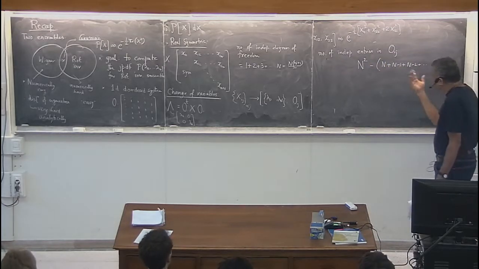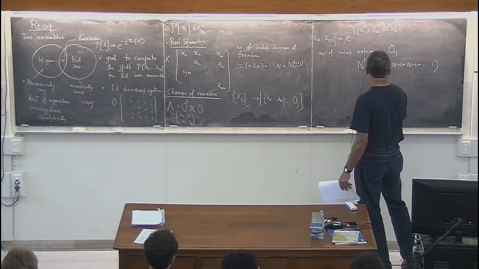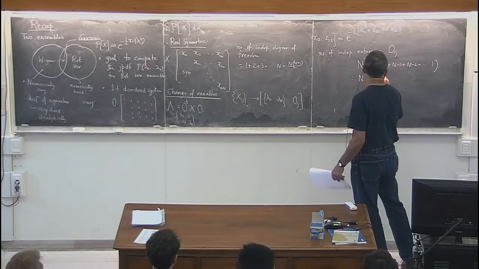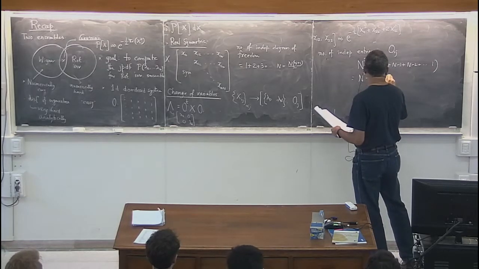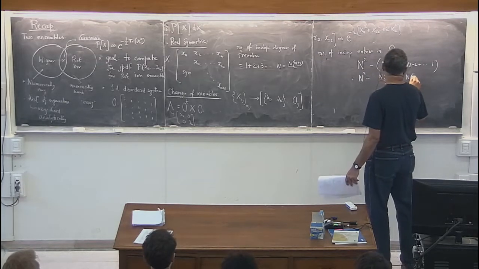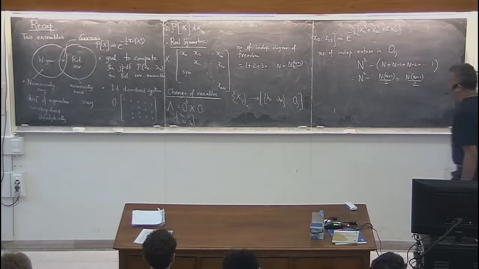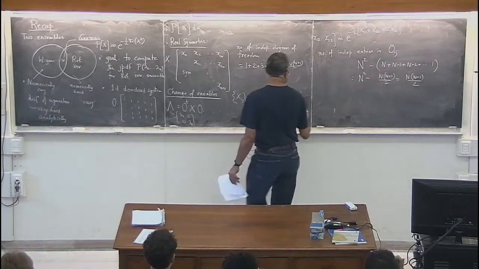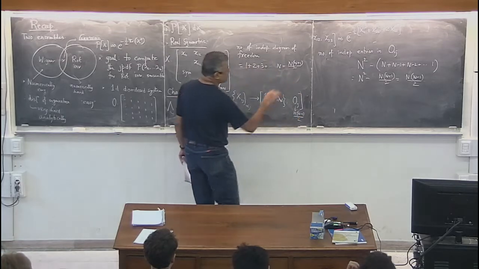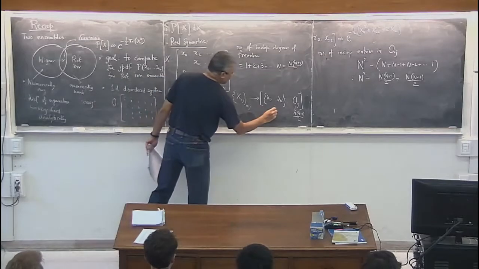So the number of independent degrees of freedom in the eigenvector matrix, this orthogonal matrix, is therefore n squared minus n into n plus 1 over 2, which is n into n minus 1 over 2. So I have n into n minus 1 over 2 degrees of freedom of the orthogonal transformation, and I have these n eigenvalues in addition.